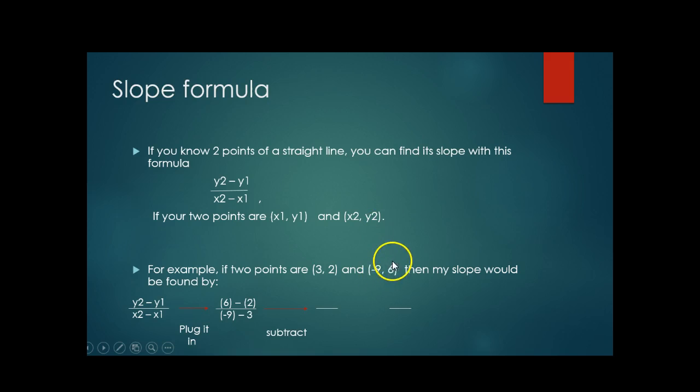So this is my y2 value, and this is my y1 value. This is my x2 value, and this is my x1 value. So y2 minus y1 over x2 minus x1. We simplify it, we get 4 over negative 12, which simplifies to negative 1/3.